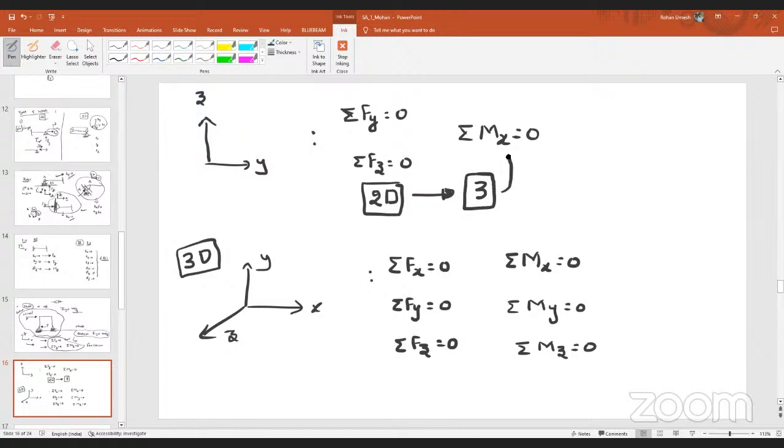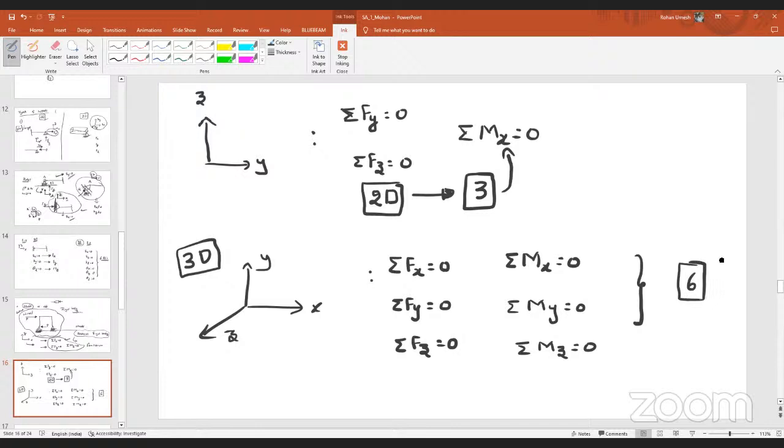Only if these 3 equations are satisfied will your structure be stable. So for any two-dimensional plane in general, you have three equations. Similarly, for a three-dimensional problem, how many equations do you have? 6 equilibrium equations.